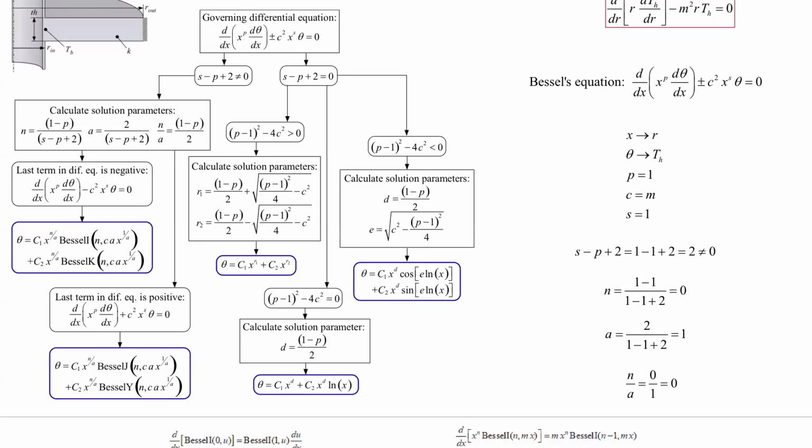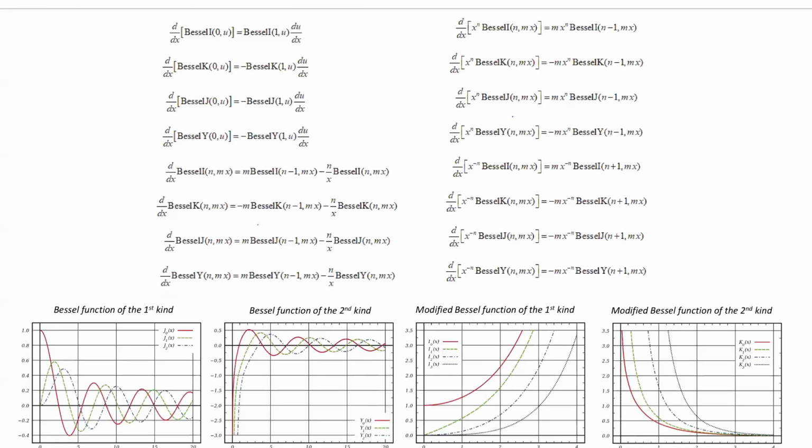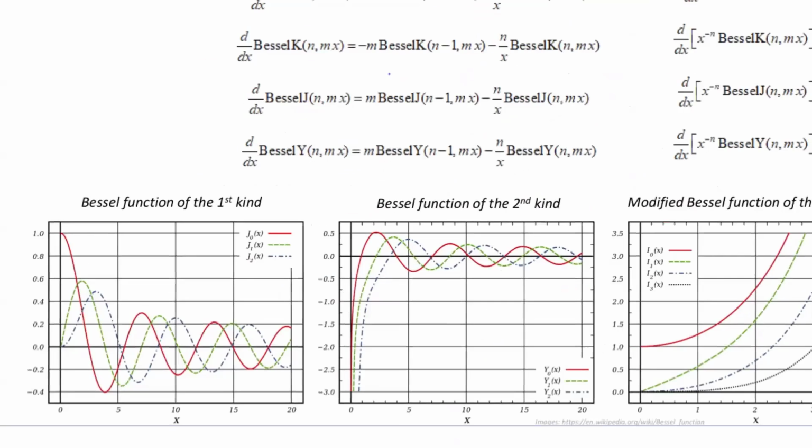So let's talk a little bit real quickly about Bessel functions. It's not something you've really seen before. So this is a table of Bessel functions and their properties. First, let's look at what a Bessel function actually is. It's a messy polynomial series type function.